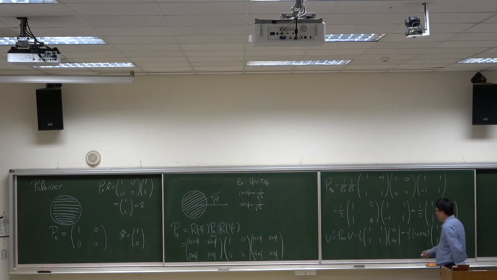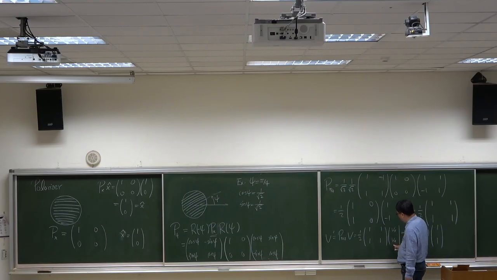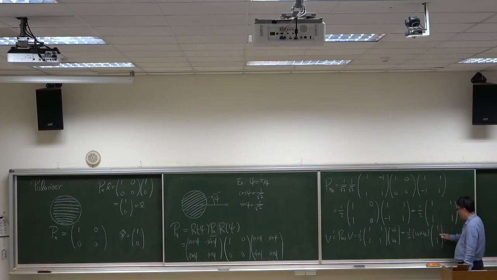So if bx is 1 and by is 0, then we get (1/2, 1/2).